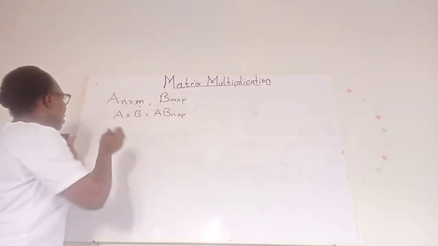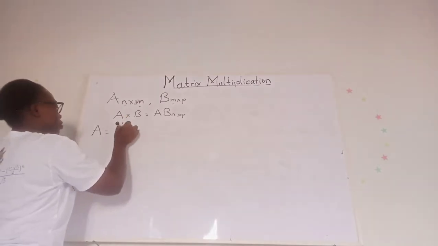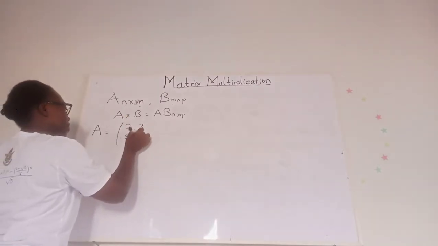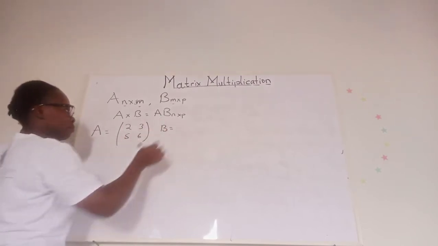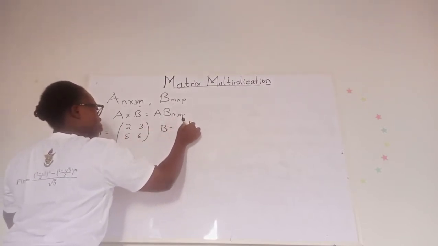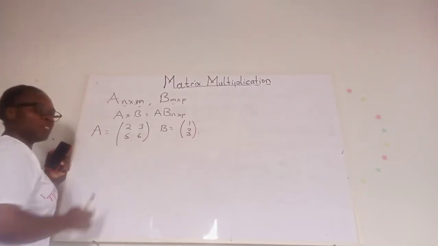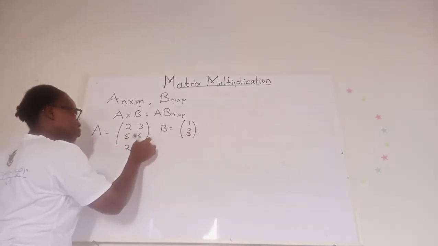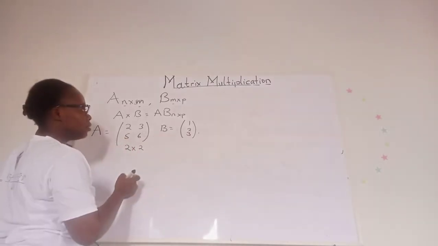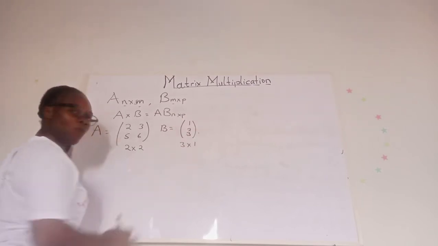So let's take the matrix A. Let's say I have 2, 3, 5, and 6. Then I have the matrix B to be 1, 2, 3. Okay. So what is the order of this matrix? This is 2 by 2. And this is 3 by 1.